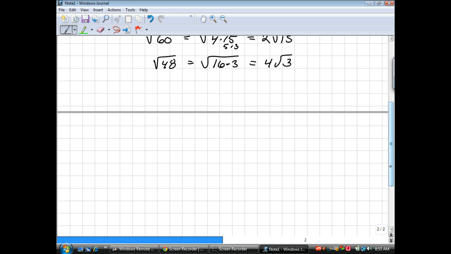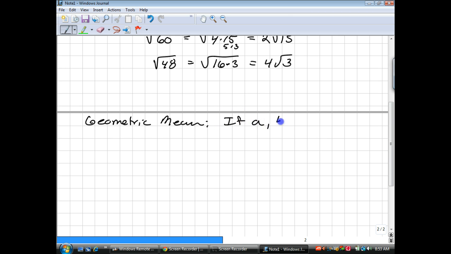So we're going to start out by defining the geometric mean. And it's defined as this.